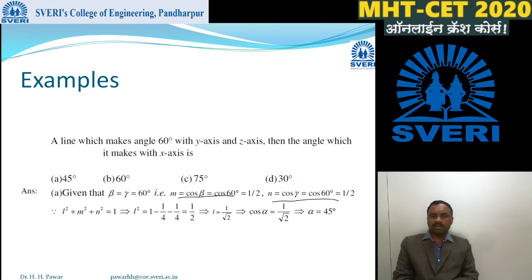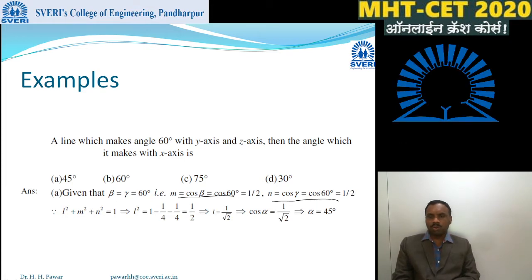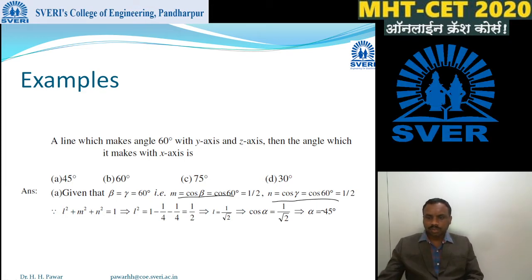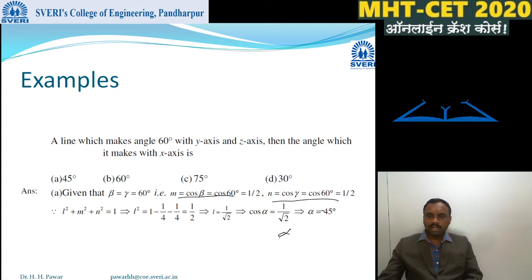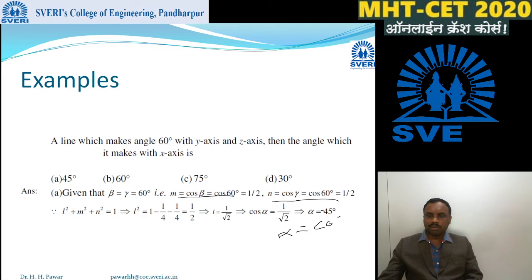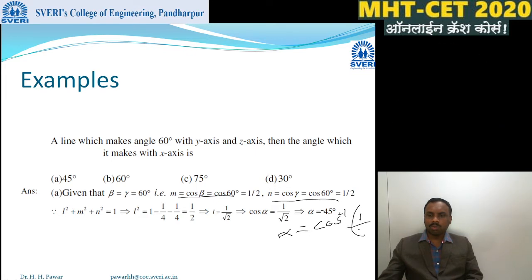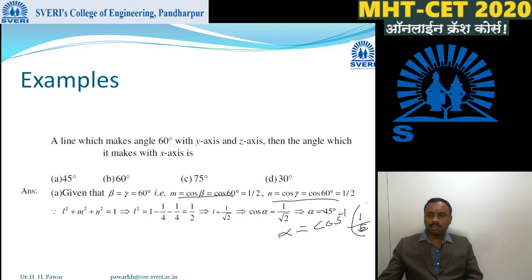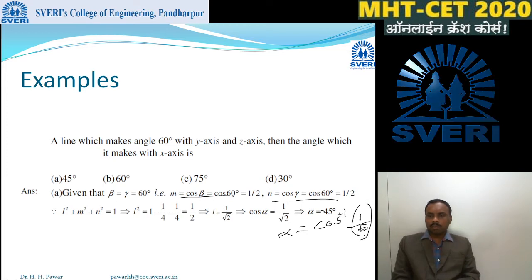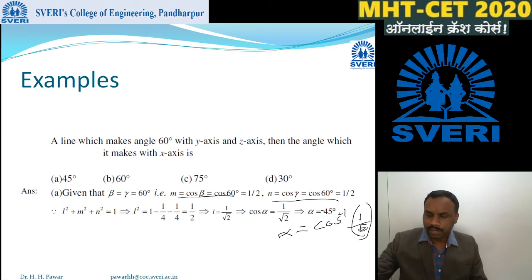That is l square equal to 1/2 means l is equal to 1 upon root 2. Hence cos alpha is equal to 1 upon root 2, that is alpha is equal to cos inverse of 1 upon root 2, which is nothing but alpha is equal to 45 degree.